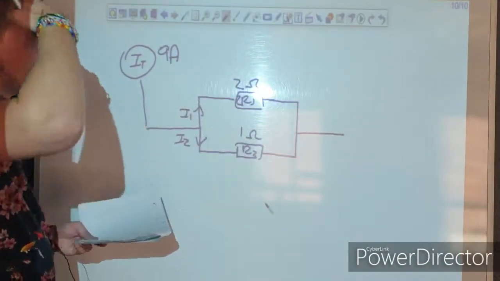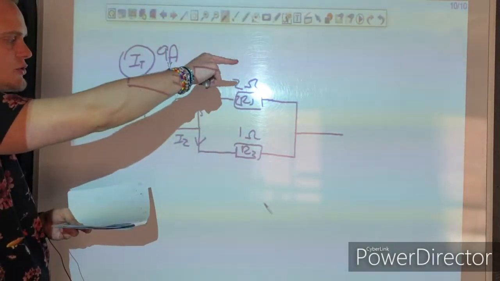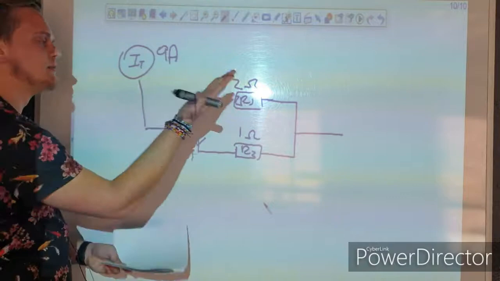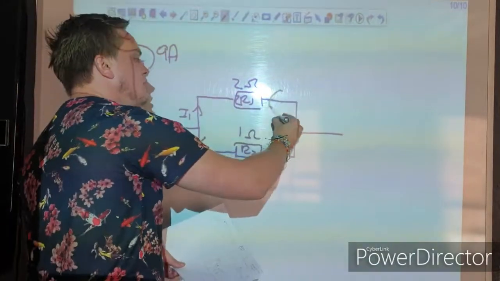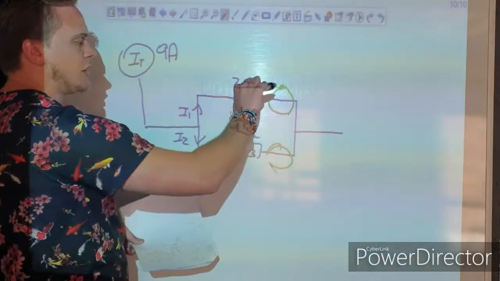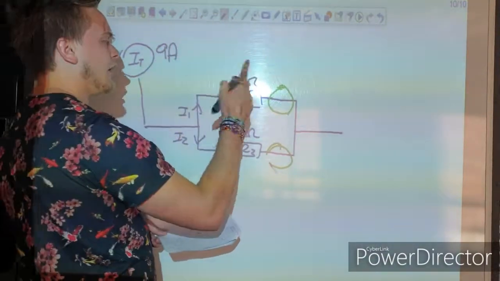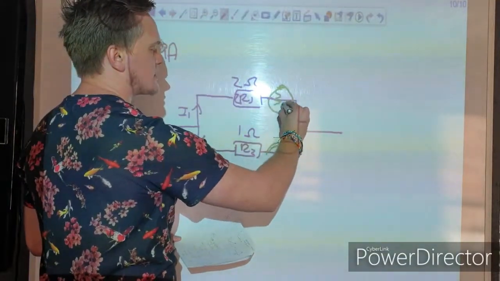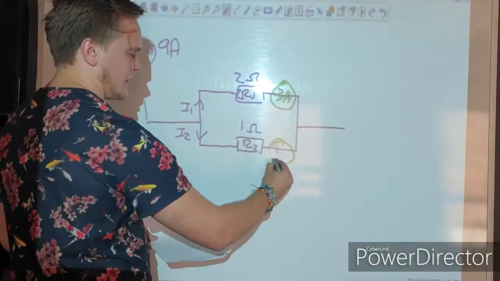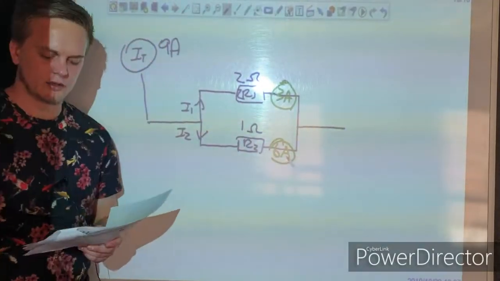It means you should know that it's going to split, okay, so the R's is in a ratio 2 to 1. It means the bigger the resistance, the smaller the amps or the current will be. So the bigger the resistance, the smaller. In a ratio for 9, a 2 to 1 ratio will give you this to be 3 amps and that to be 6 amps, because if we add them together it should be our I total again.